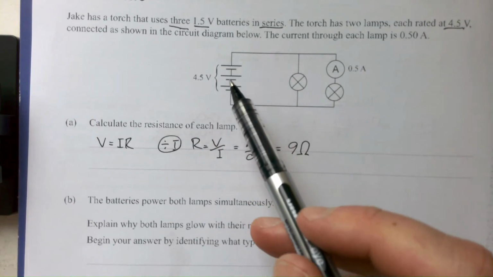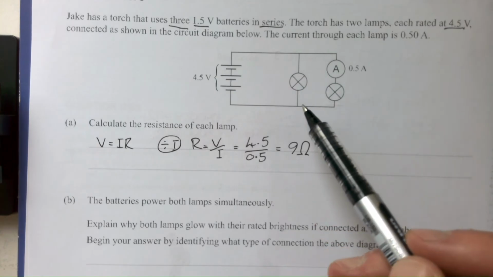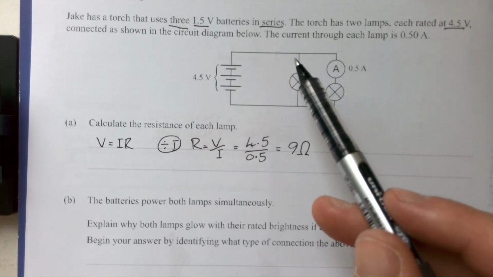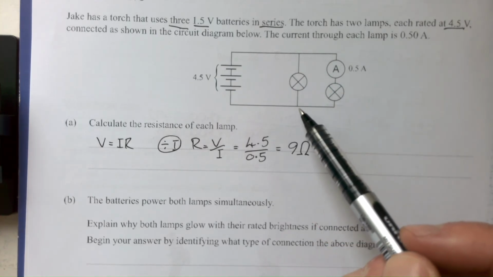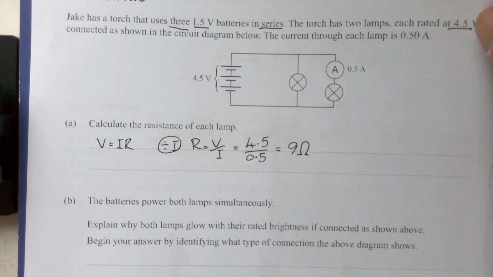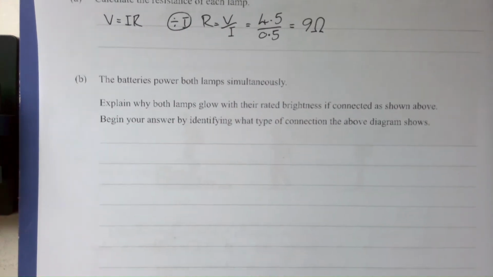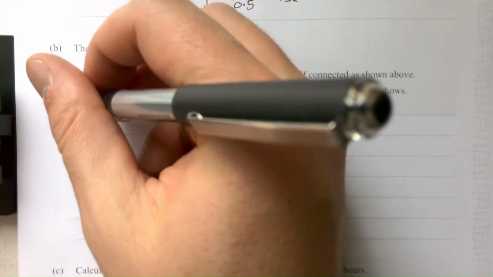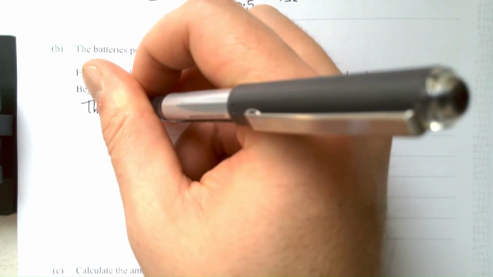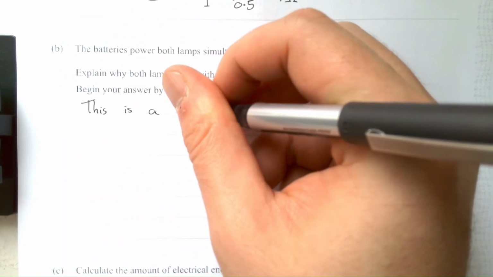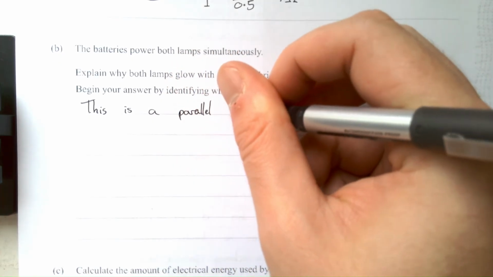This is a circuit where we have two different routes for the electrons to travel around in. Therefore, it's a parallel circuit. There's more than one loop connected. So we can just say straight away, this is a parallel circuit.